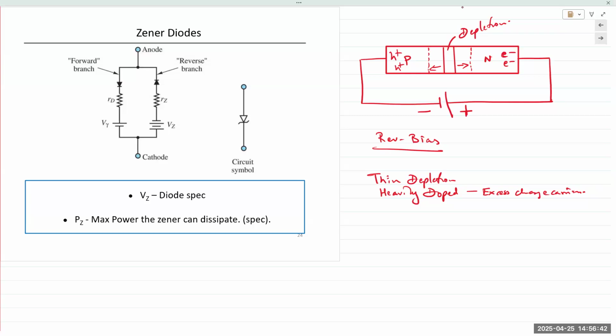So Zener diodes are diodes that are specifically engineered to break down at a certain voltage. The breakdown mechanism is either the Zener mechanism or the avalanche mechanism. The Zener mechanism is due to the very thin region profile and very heavy doping, meaning there are excess charge carriers present. And the avalanche breakdown occurs because of the presence of the electric field.